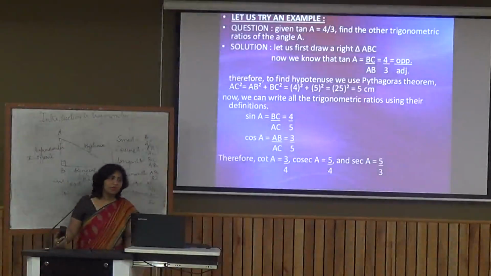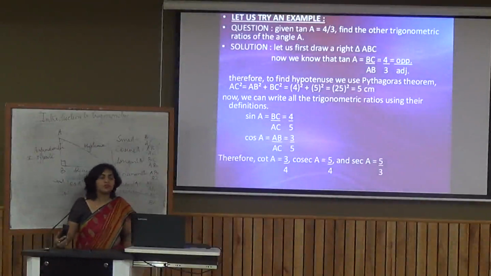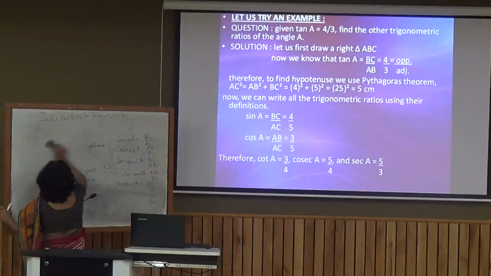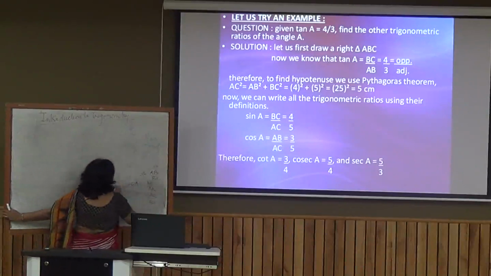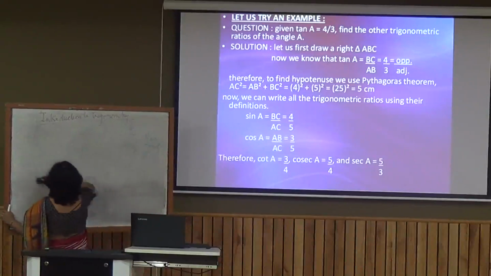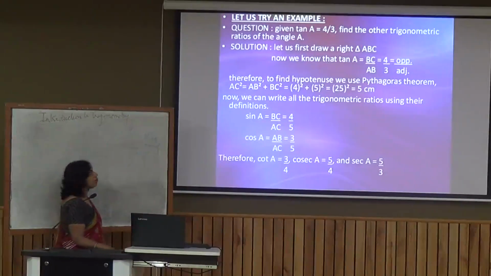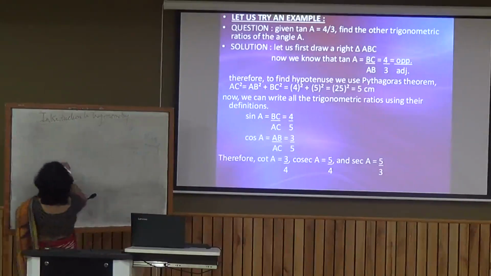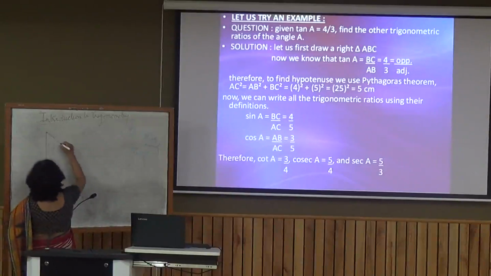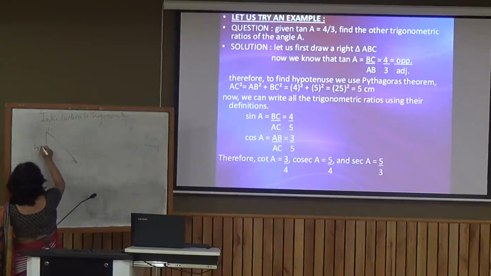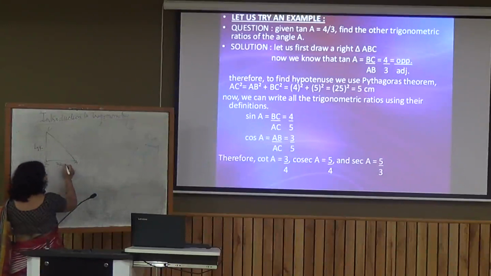Let's have an example. We are given tan A as 4/3 and we have to calculate the other trigonometric ratios. When tan A is 4/3, we have a right triangle where the side opposite to angle A is 4K and the adjacent side is 3K.